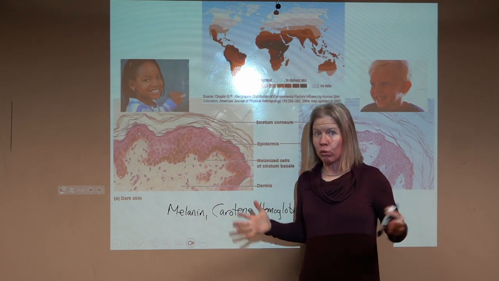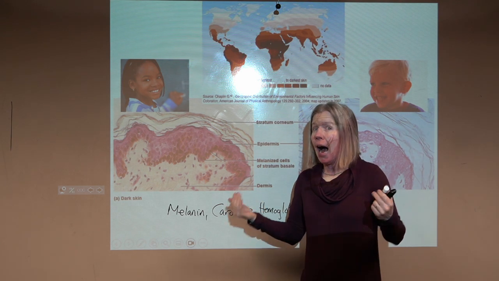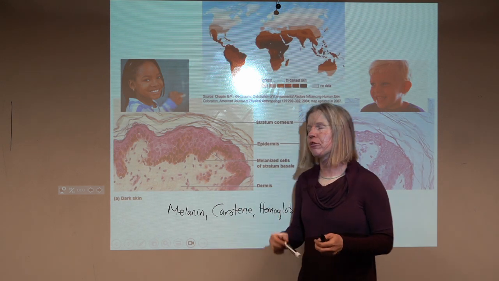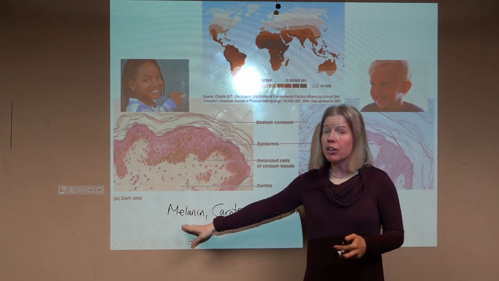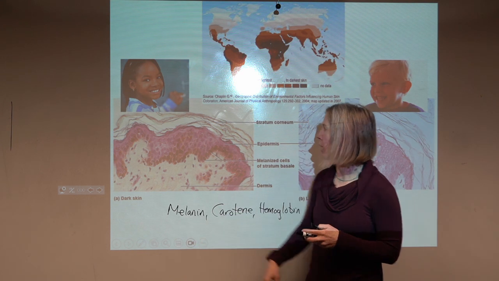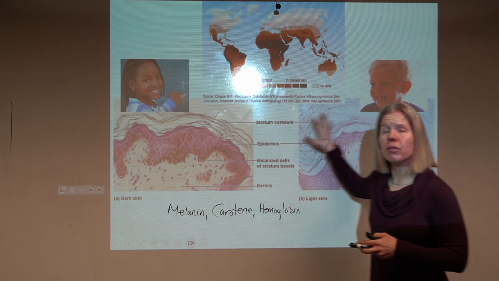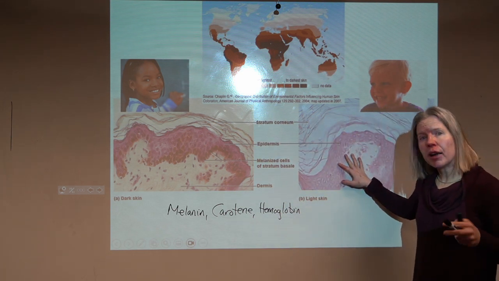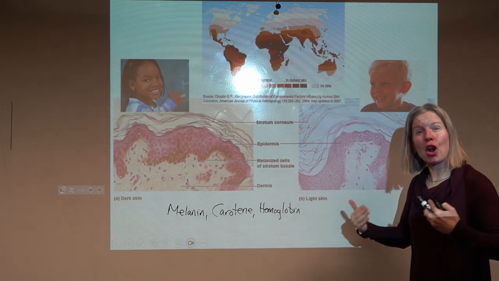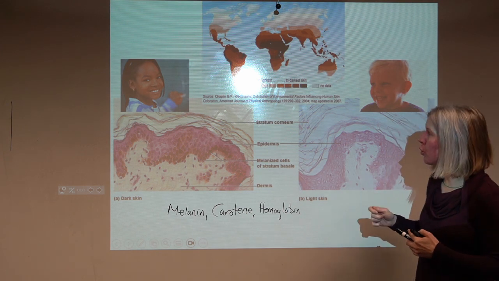Melanin is a brilliant protective mechanism against UV radiation. I don't have a whole lot of melanin. That leaves me at much higher risk for certain skin cancers. Individuals who have lots of melanin are still at risk of skin cancer and need to be aware of that, right? But basically, both these individuals, with very different skin pigmentation, probably have pretty similar numbers of melanocytes, but it's the DNA code, right, how active those cells are going to be at actually producing melanin.